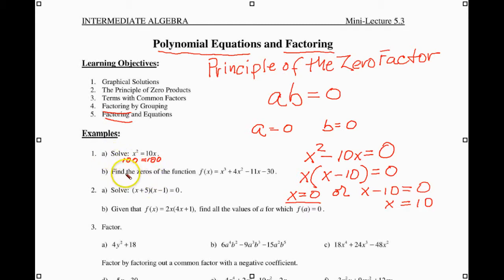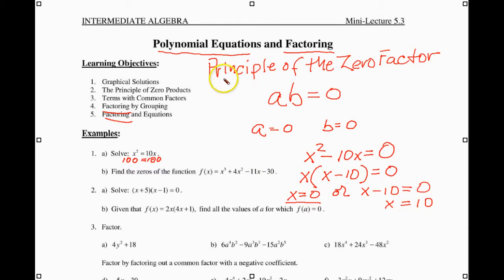Now, in example B, it gets rather complex because many of the skills they're going to ask us to use to do letter B, we're going to work on those down below where we have to factor this.